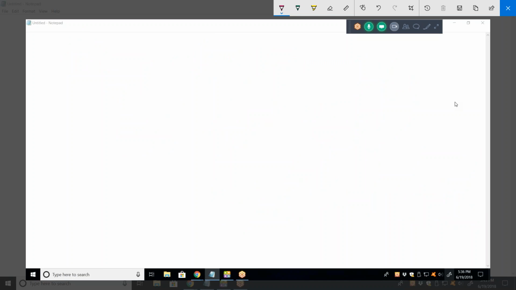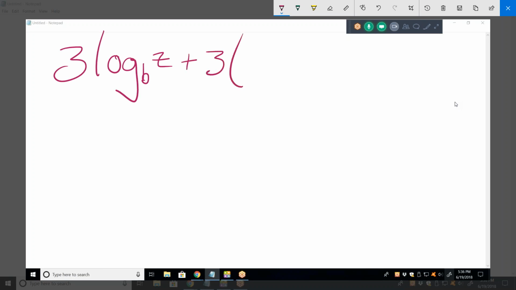I have another one where it's condensing. Okay. So it's 3 log base b of z, plus 3 parenthesis log base b of x minus 3 log base b of y.